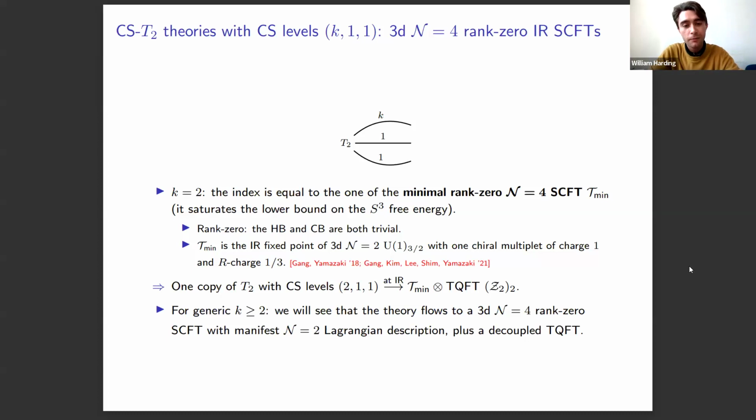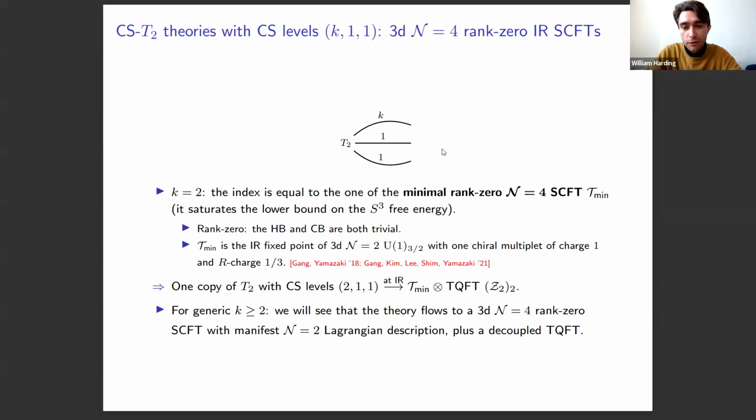Rank 0 means that the Higgs branch and Coulomb branch are both trivial. And so indeed, this is one of the first answers to the previous questions. If the ATT condition is not satisfied, we can still have theories which flow to N equal to 4 SCFTs. However, the moduli space is trivial in this case.